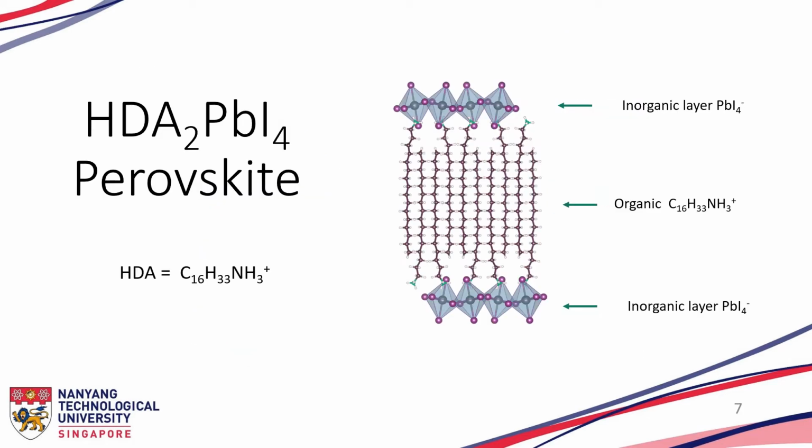Now let us talk about this material that this work is devoted to. This is this perovskite. As I mentioned, it is 2D perovskite, so it consists of the inorganic perovskite layers that are separated by very long organic cations.